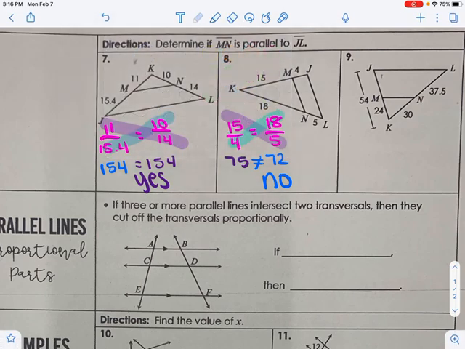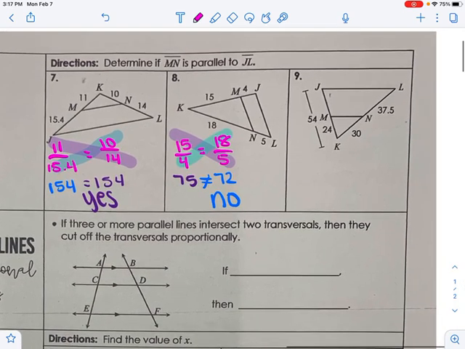Last one. Before we can build our fractions, I see what we saw on the last page. I have to do that 54 minus 24 and get 30. So there's that missing part. So 30 over 24, is it equal to 37.5 over 30?